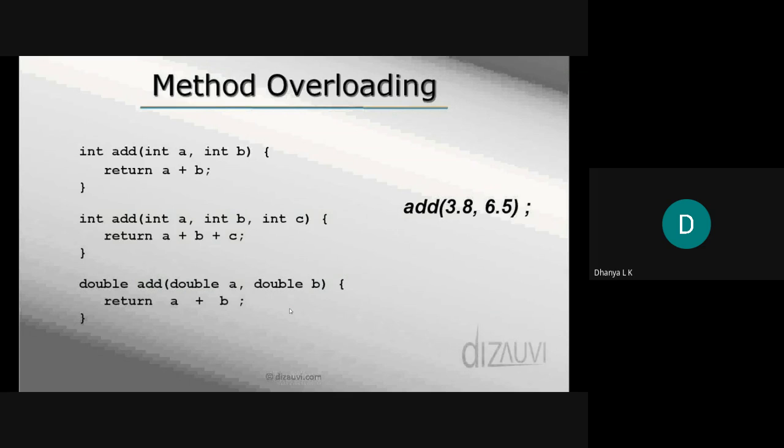If we are passing three integer arguments, then it will execute this function. If we are passing two floating point values, then it will execute the third function. This is already decided at compile time. So this is an example of method overloading, also called function overloading, compile time polymorphism, and static polymorphism.